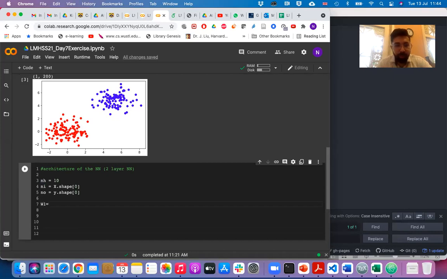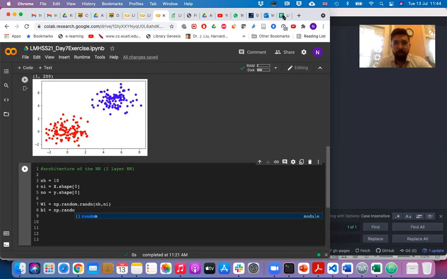Guys, you have to help me write the entire code, at least the important things. I would not move on because I want you guys to be engaged. So what would be the shape of W1? The number of columns of W1 has to match the number of rows of X, or Ni. Okay, thank you very much. It's Nh by Ni.